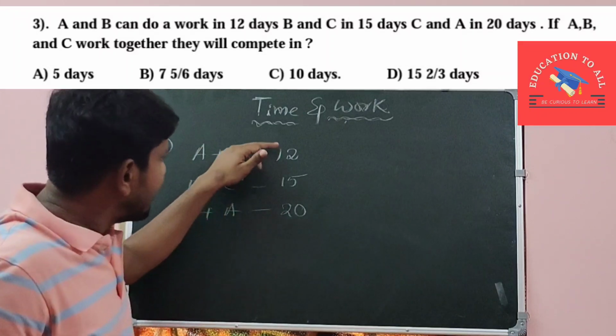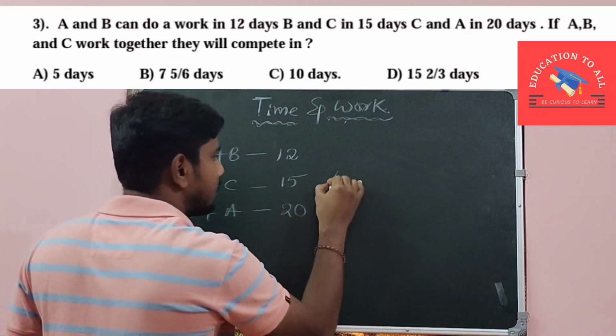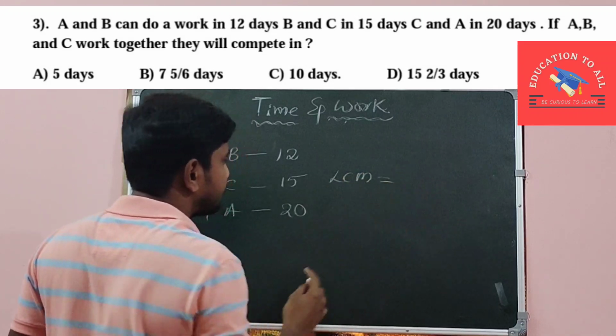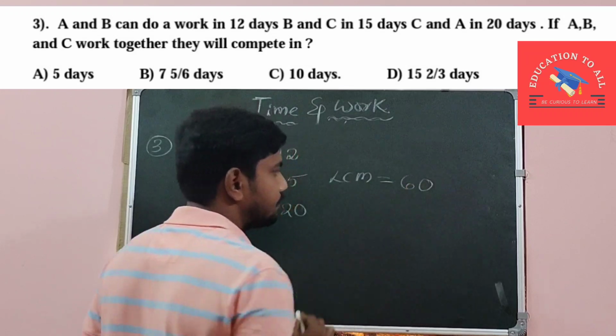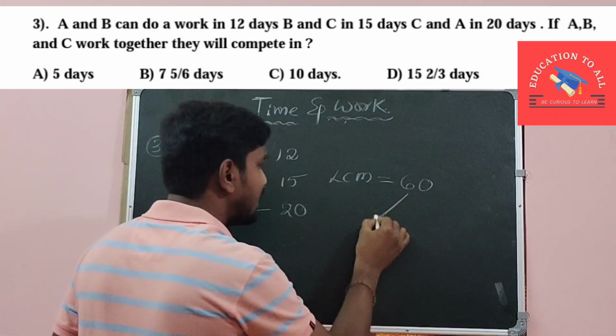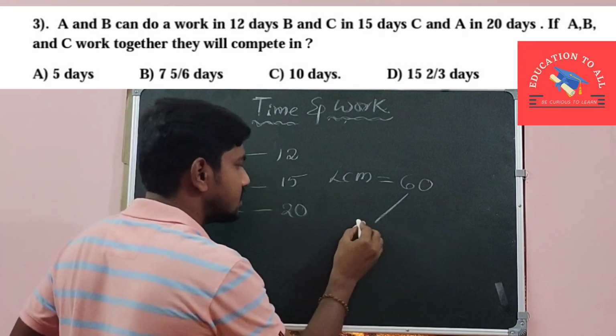So take the LCM. The LCM of 12, 15 and 20 is 60. Now let us find the efficiency of the pairs working together.